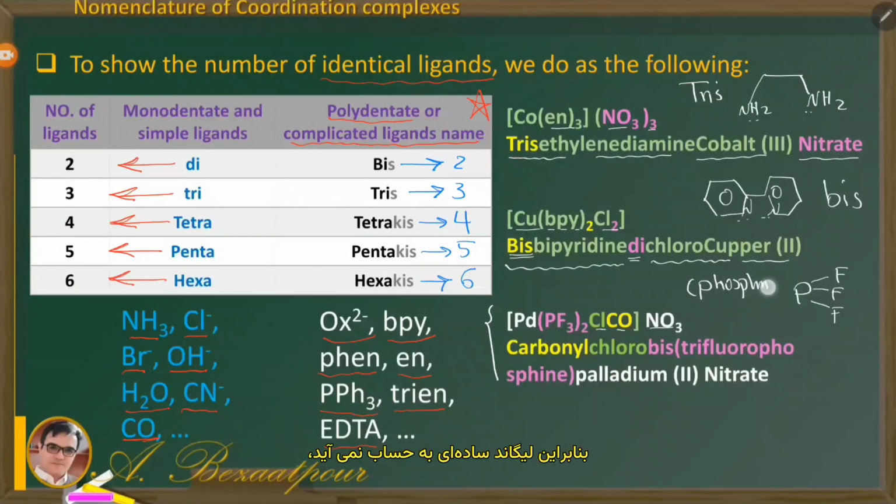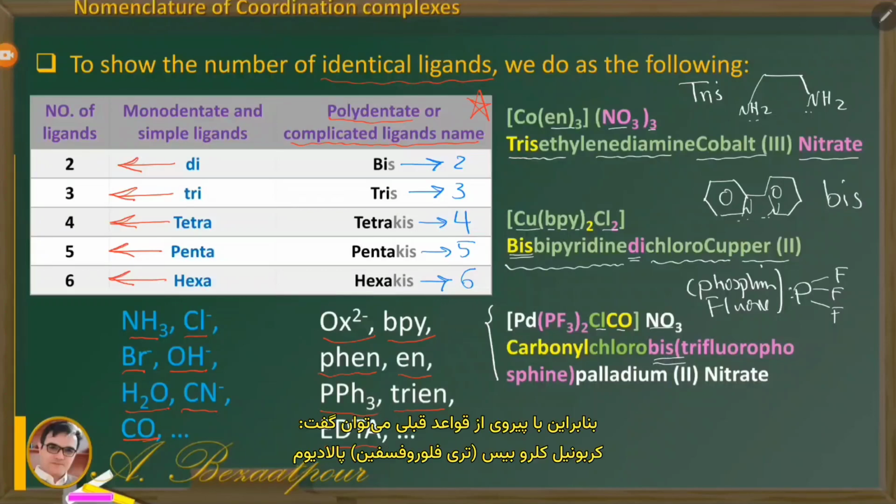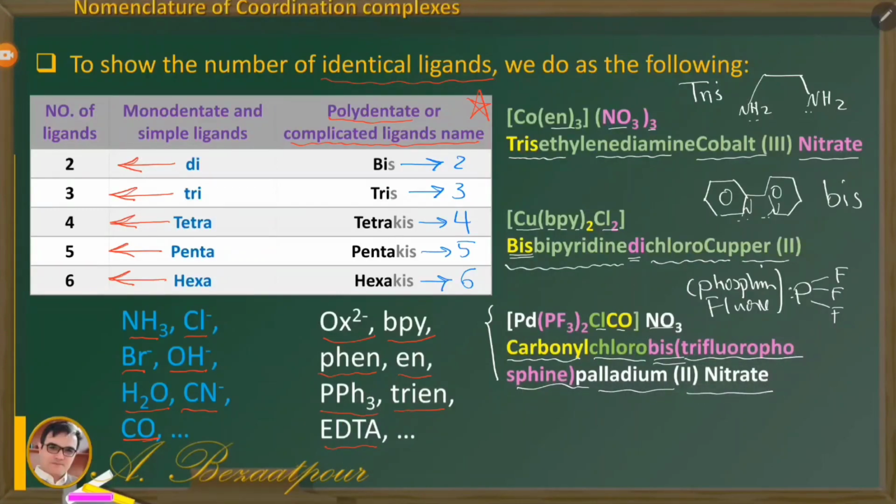So it is not considered a simple ligand, and we have to use bis as the prefix in the naming of the complex. Therefore, following the previous rules, we can say carbonyl, chloro, bis(trifluorophosphine) palladium(II) nitrate.